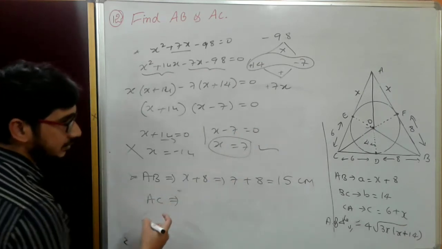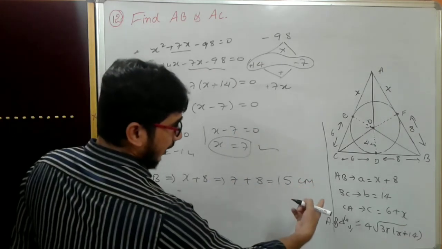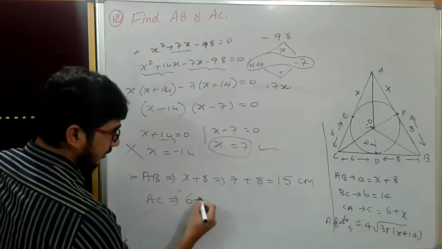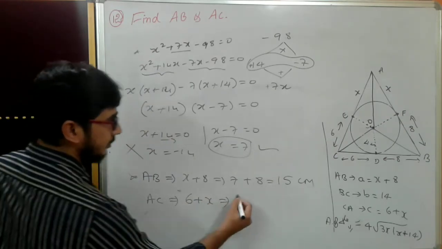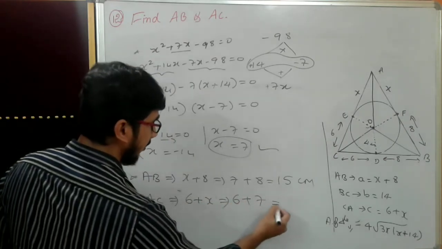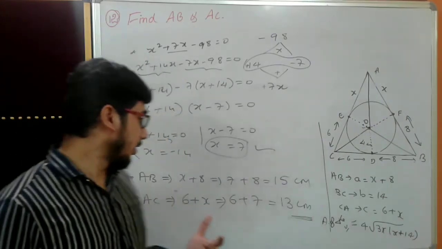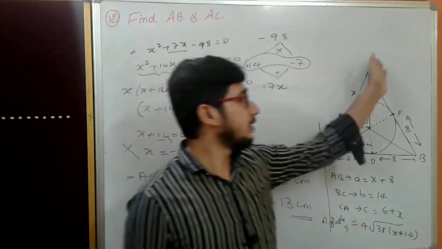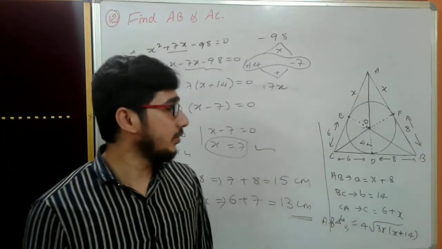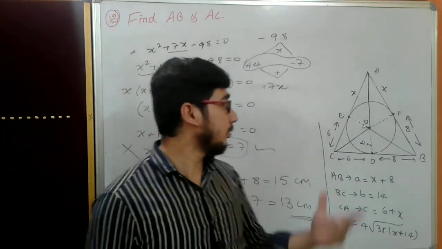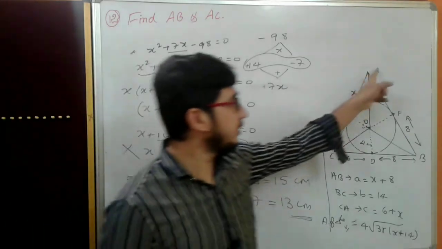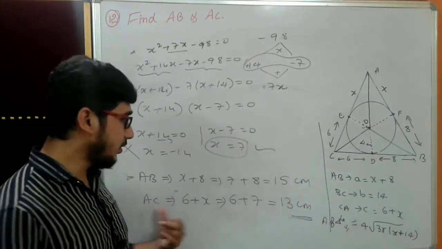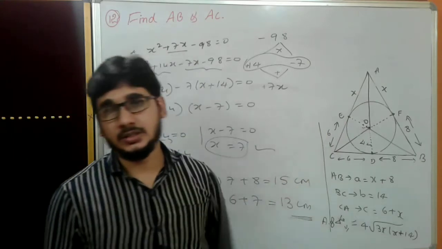AC is x plus 6 or 6 plus x. 6 plus 7, how much? 13. We got AB is 15 centimeter and AC is 13 centimeter. That is what we have to find.